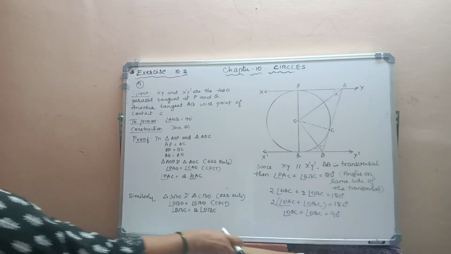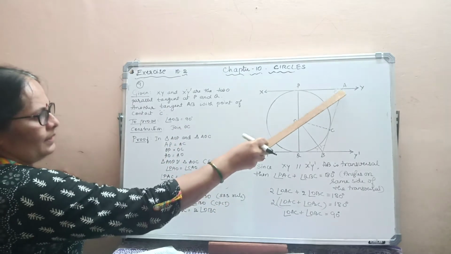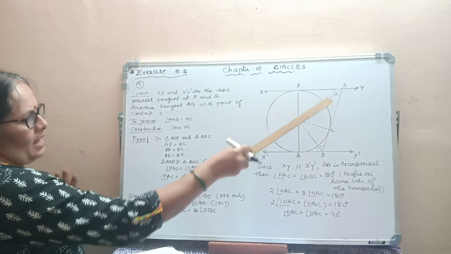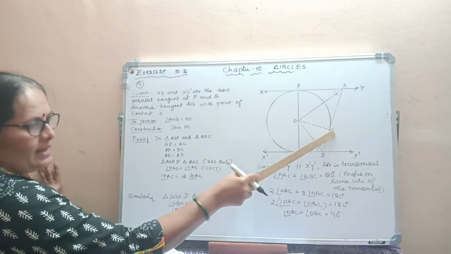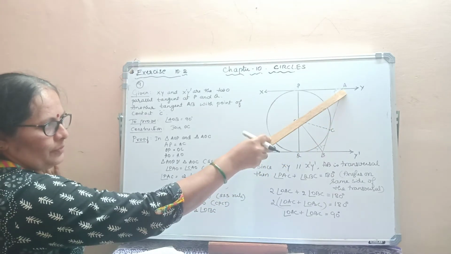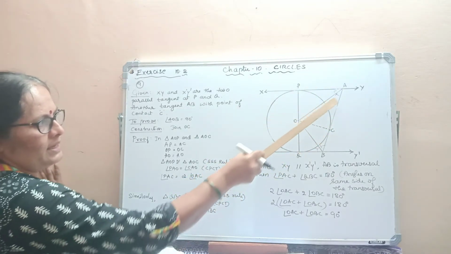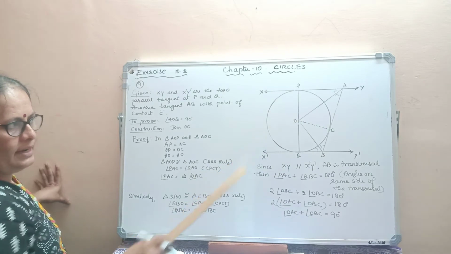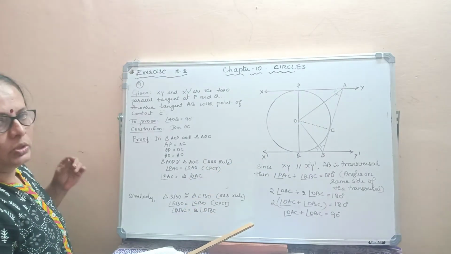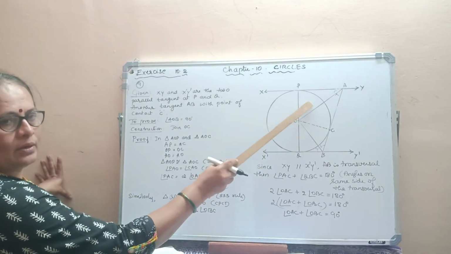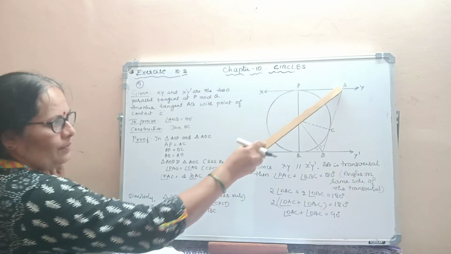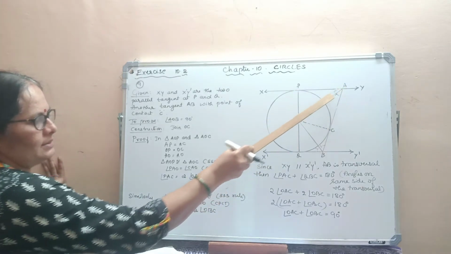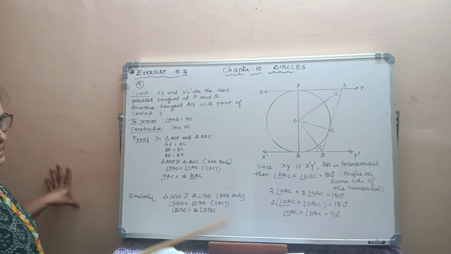Now, in triangles AOP and AOC, AP and AC are equal tangents from the external point A. OP equals OC. AO is the common side. So by SSS congruence rule, these two triangles are congruent. Then angle PAO is equal to angle CAO by CPCT.